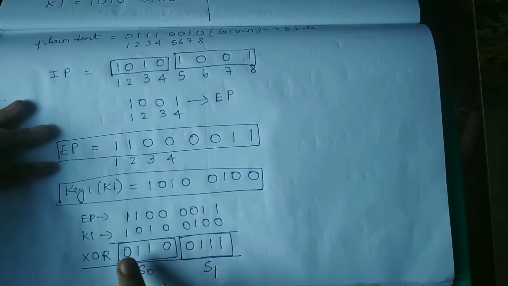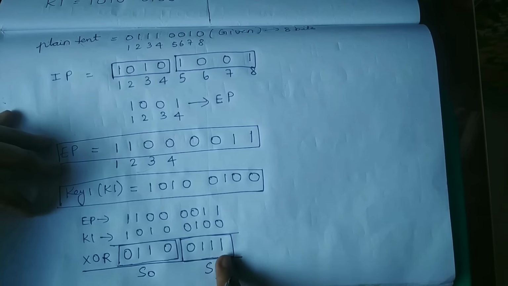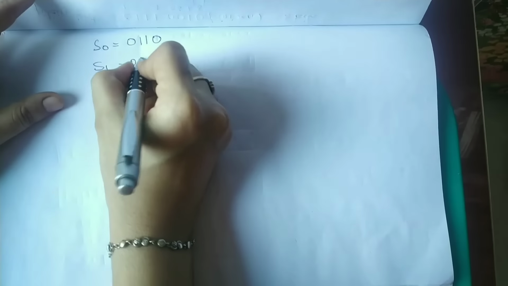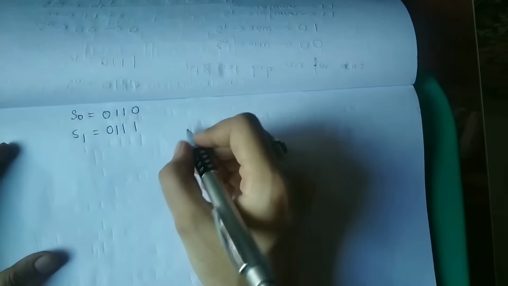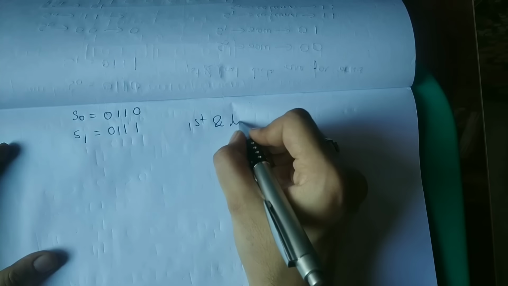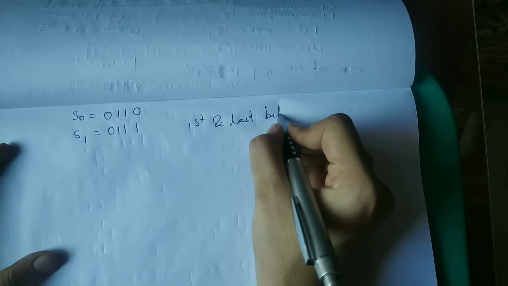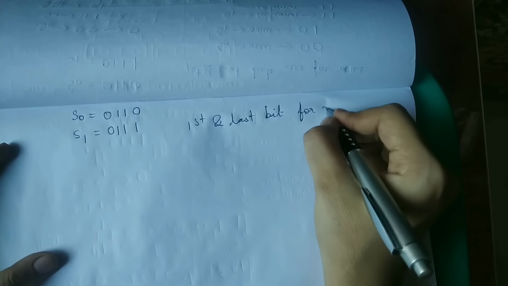S0 is equal to 0, 1, 1, 0. Next S1's value is 0, 1, 1, 1. The first and the last bit is for row.